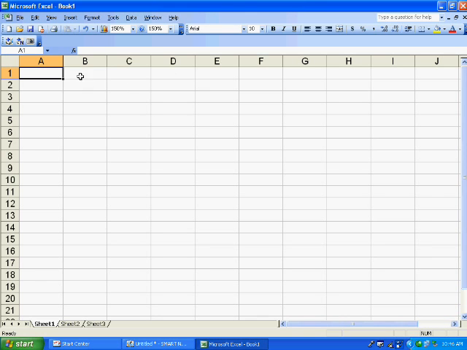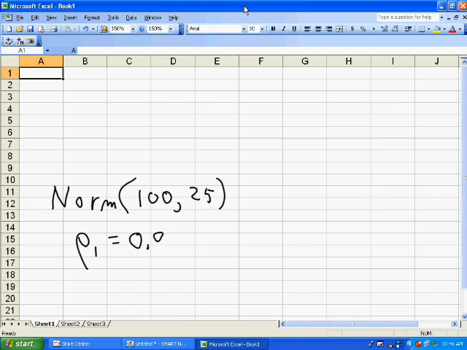So the first thing I'm going to do is generate data that's normally distributed with a mean 100, standard deviation 25, and I'm going to do it so that the lag 1 correlation is equal to 0.9. A fairly high correlation coefficient, just for demonstration purposes.